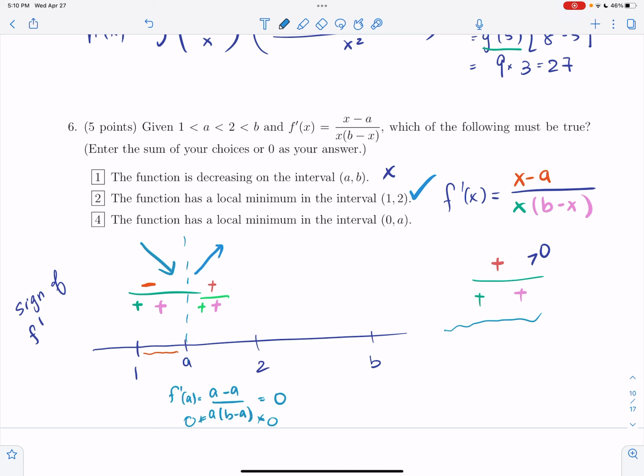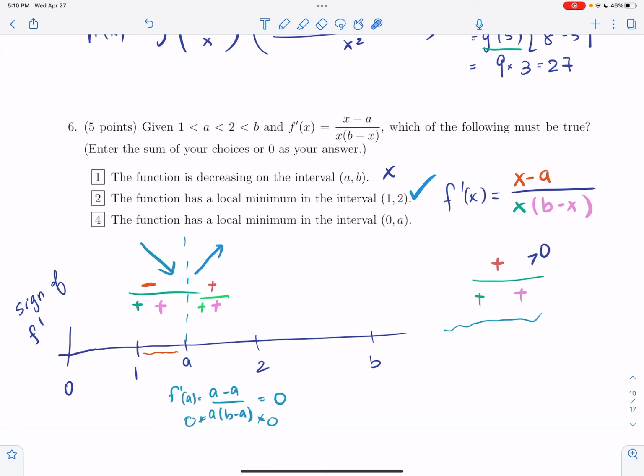The third thing you're asked is whether f has a local minimum in the interval 0 to a. Well, what if you're from 0 to a? Let's put a 0 over there. As long as you're in the interval 0 to a, the numerator x minus a will be negative.